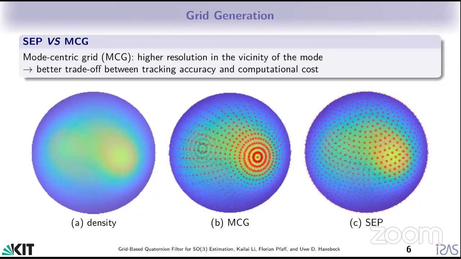The MCG-based modeling then gives a higher resolution in the vicinity of the mode. It allows multimodality and gives a more detailed representation in the area of large gradient. For highly nonlinear estimation tasks, this brings a better trade-off between tracking accuracy and computational cost compared with the SEP.